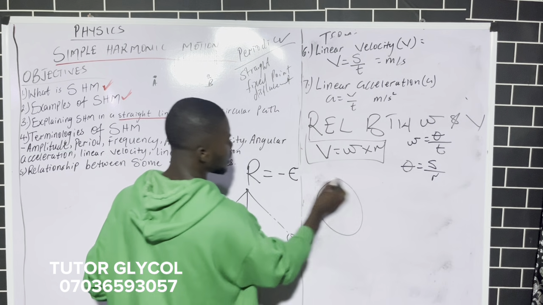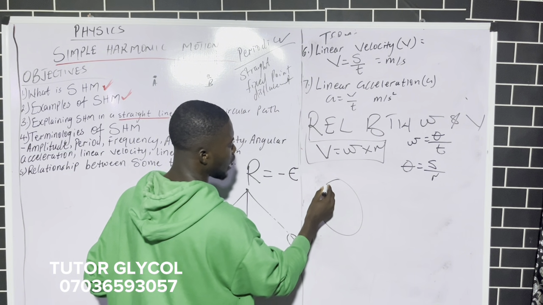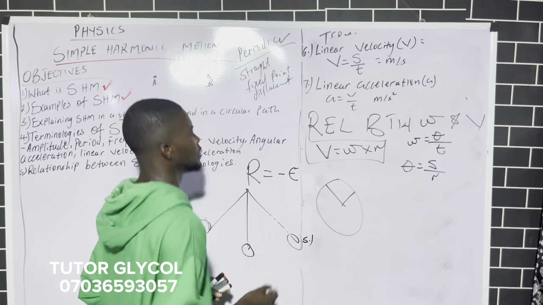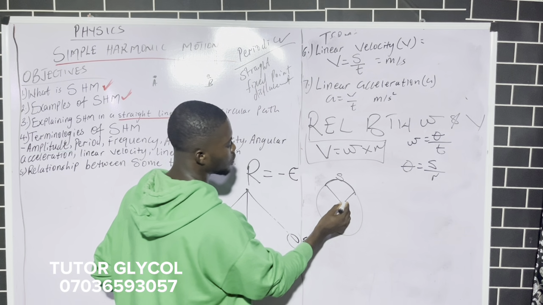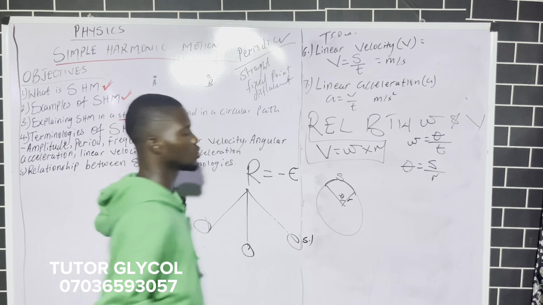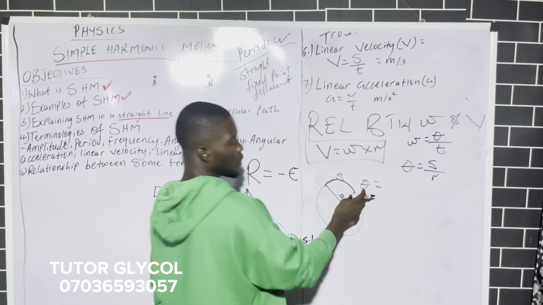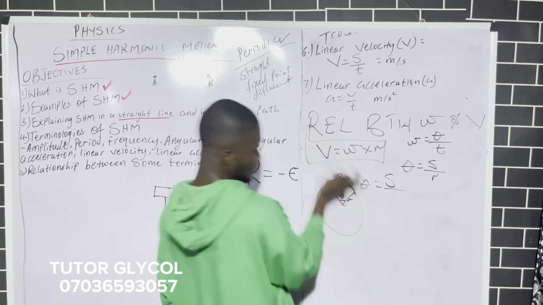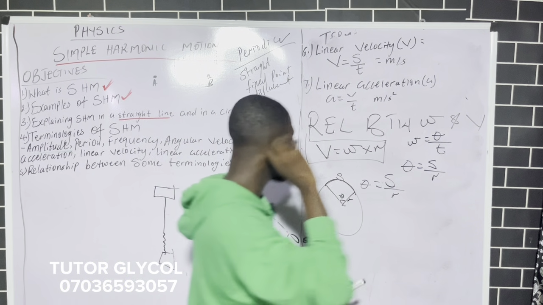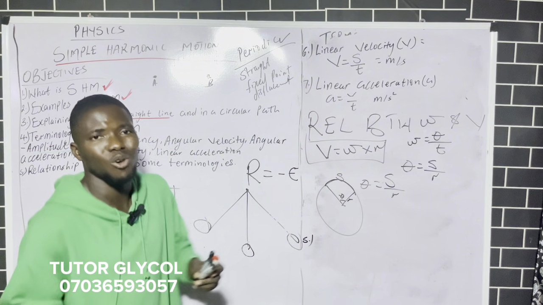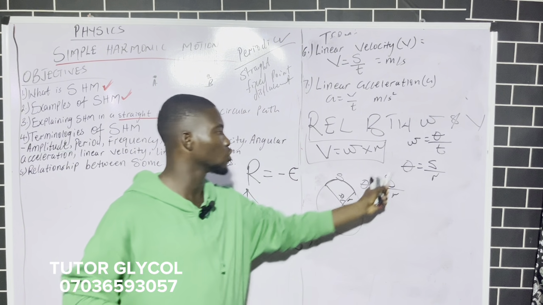If we have a circle here and a small arc, this is the arc s, this is angle theta, and this is the radius. So the angle theta is equal to the arc distance over the radius. That's what you use when looking for the perimeter of a circle, circumference of a circle, all those things. So that's where they got this. Theta is equal to s over r.